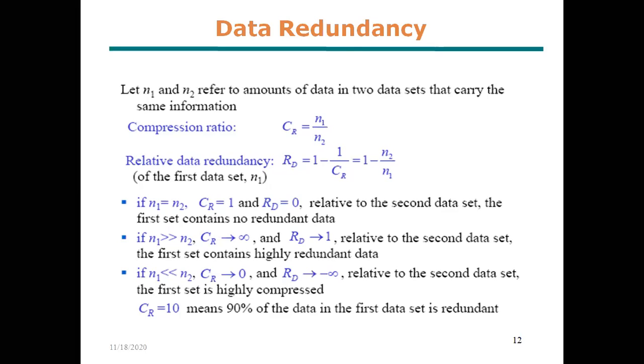In this case, relative to the second data set, the first set contains highly redundant data. That means the compression ratio is very large, meaning the image consists of a large amount of redundant data.